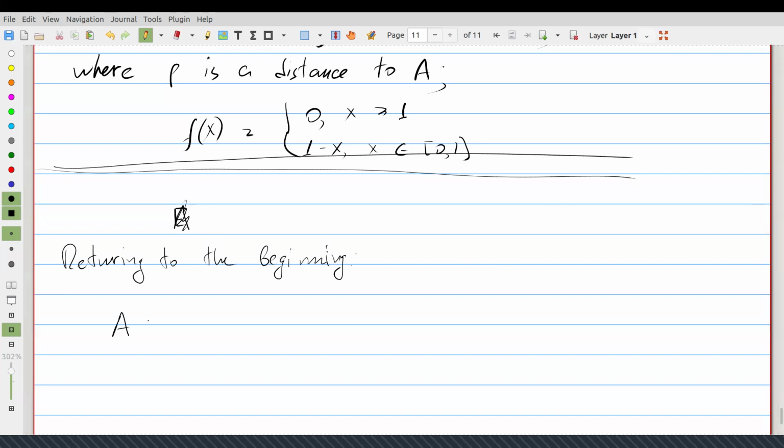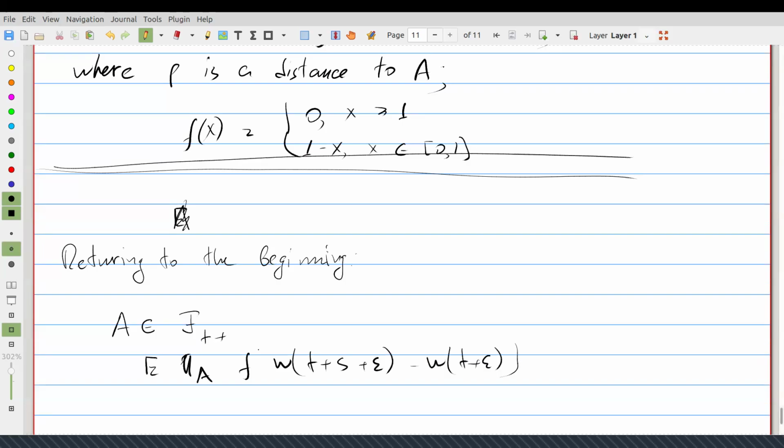We have A that belonged to F_{t+}, and we established that the mathematical expectation of the indicator of A times f of W_{t+epsilon+s} minus W_{t+epsilon} equals P of A times the expectation of f of W_{t+epsilon+s} minus W_{t+epsilon}.